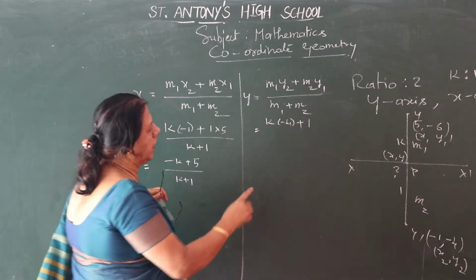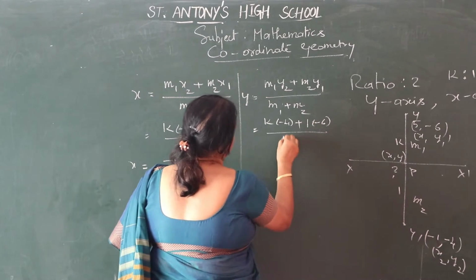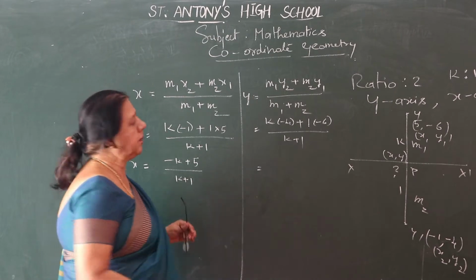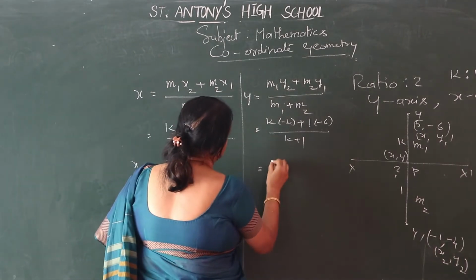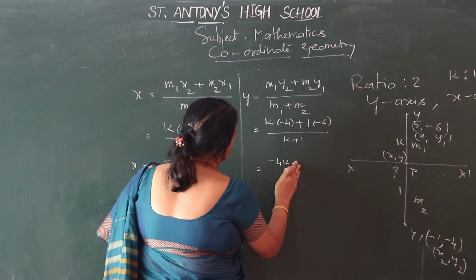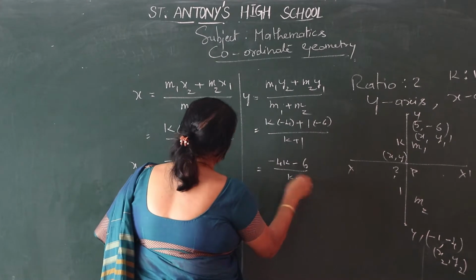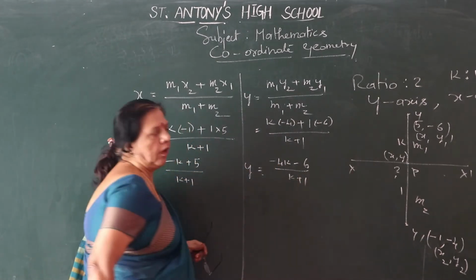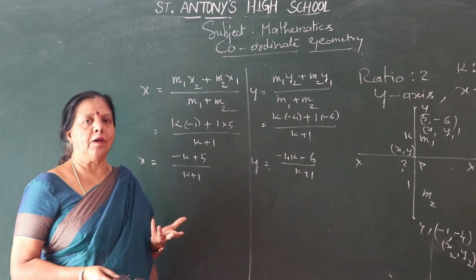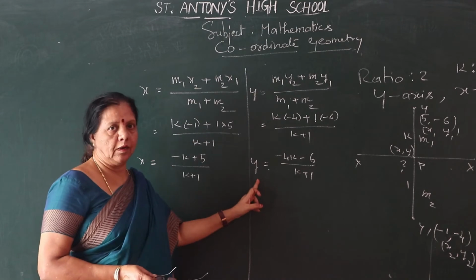What is y1? Minus 6 by k plus 1. Substitute: minus 4k plus 1 into minus 6, over k plus 1. This is the y value. Actually y we don't require, already they have given. So this is x and y.